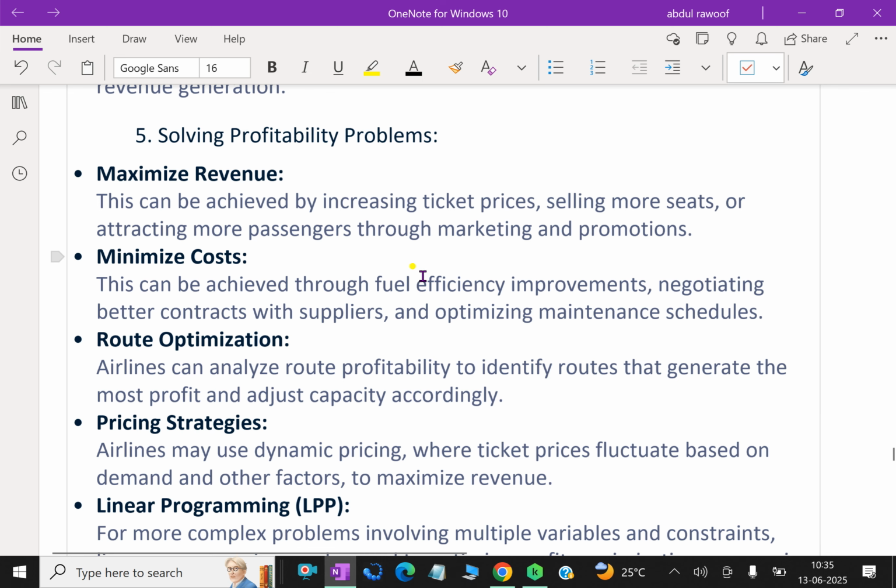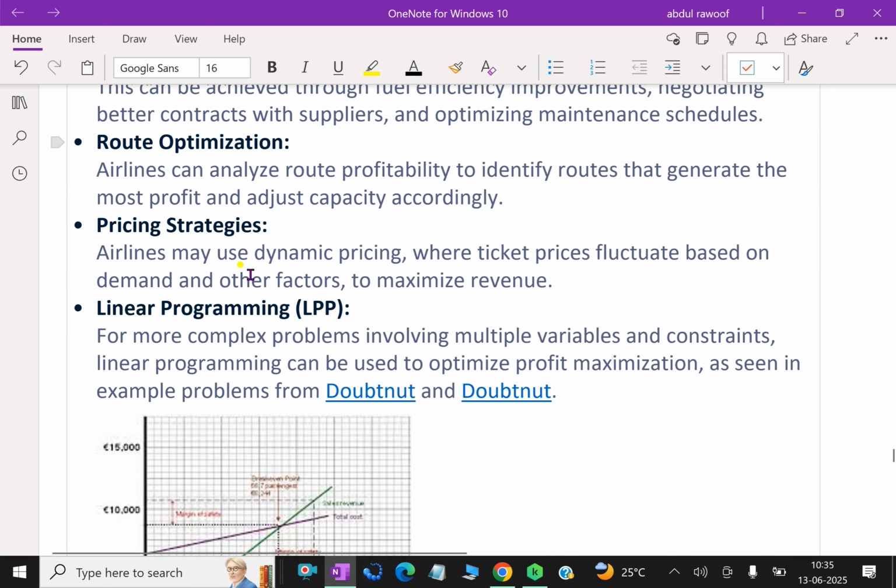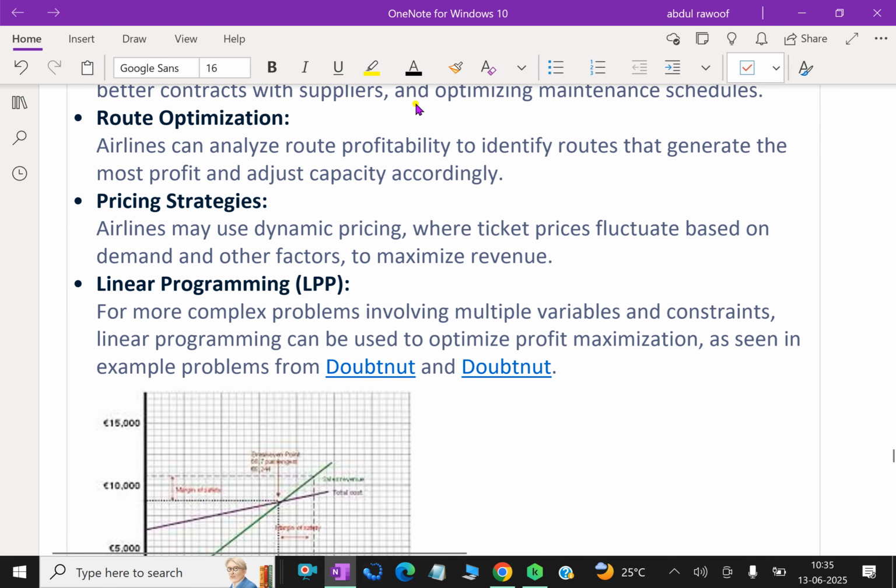Route optimization. Airlines can analyze route profitability to identify routes that generate the most profit and adjust capacity accordingly. Pricing strategies. Airlines may use dynamic pricing where ticket prices fluctuate based on demand and other factors to maximize revenue.